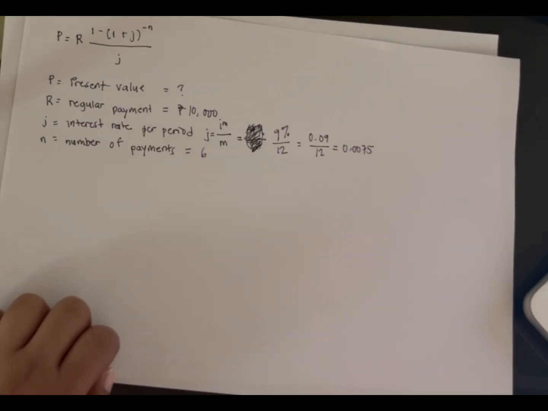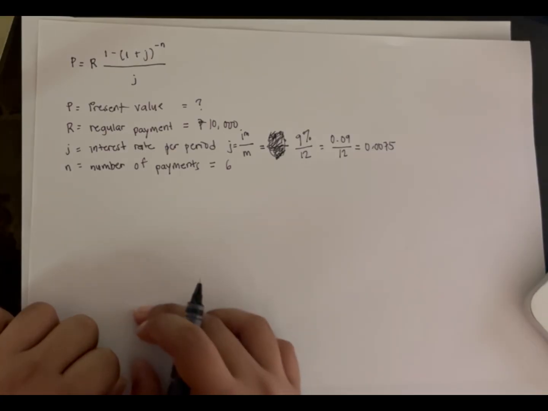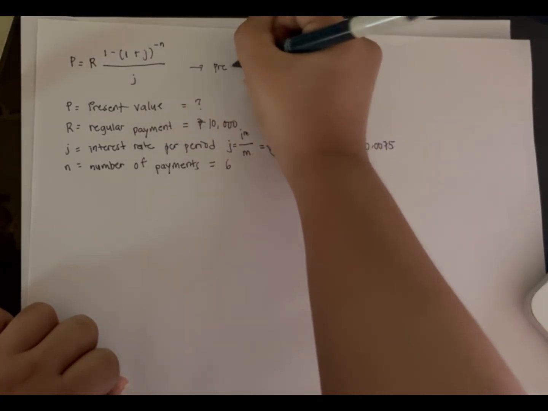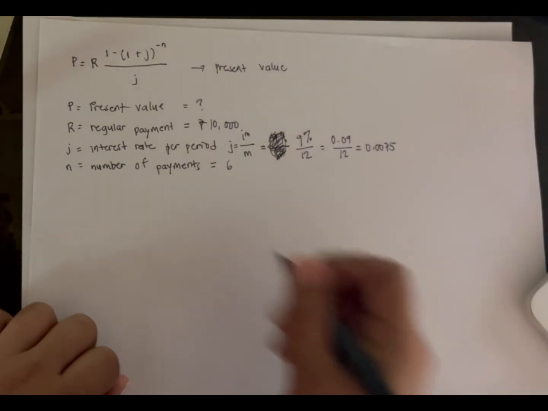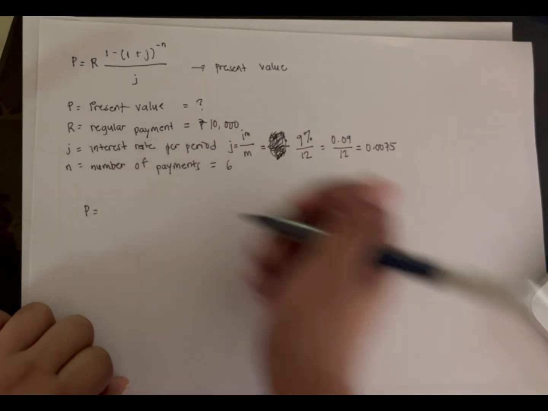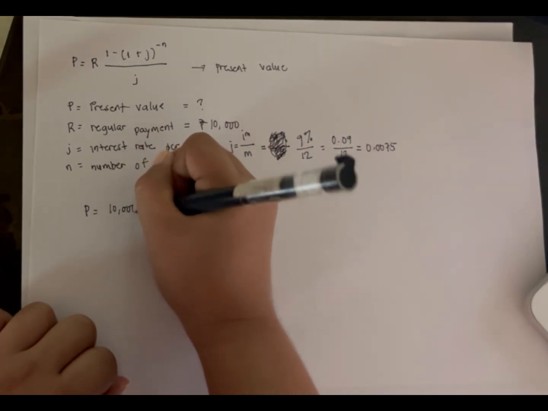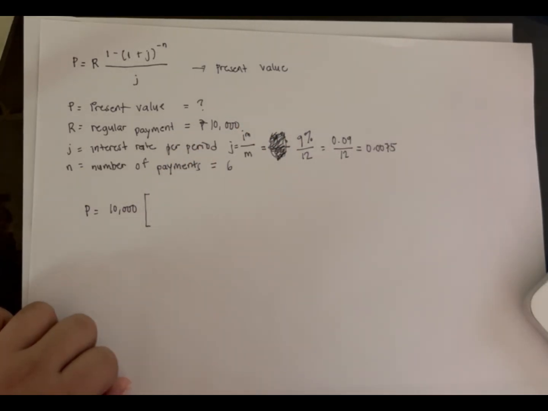Okay. So now let us apply the formula. Substitute all the given values sa ating pong formula for the present value. So P is equal to R. What is R? Regular payment. That is 10,000 pesos. Multiplied by, maglagay tayo ng bracket para hindi nakakalito, kasi kanina nakakalito siya, walang bracket.